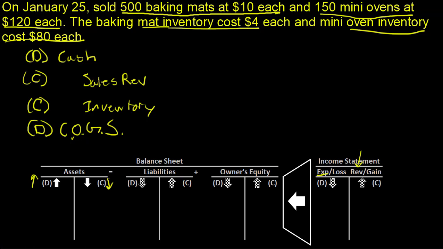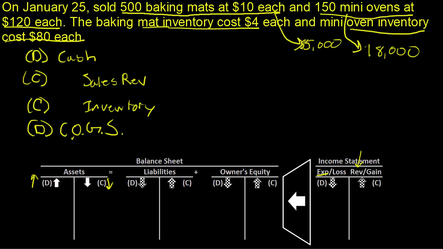Well, now we just have to figure out what the amounts are. Well, we bought 500 baking mats at $10 each. Well, 500 times $10 is $5,000, all right? $5,000 right here. And then there's 150 mini ovens at $120 each. Well, 150 mini ovens at $120 each works out to about $18,000.